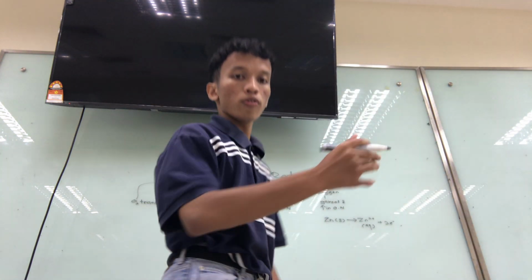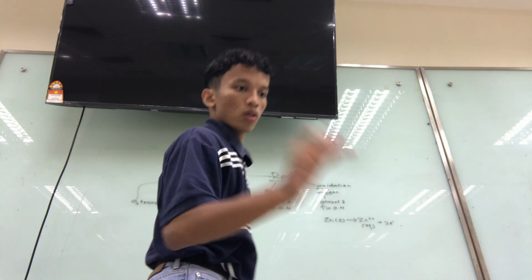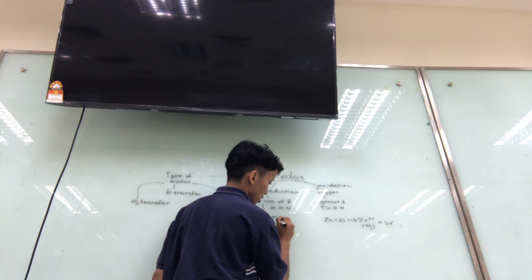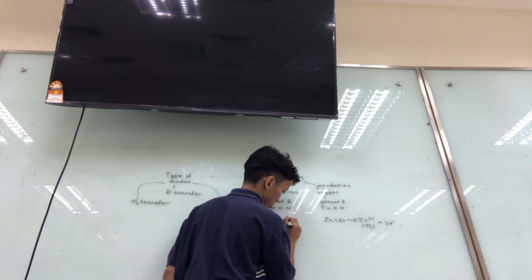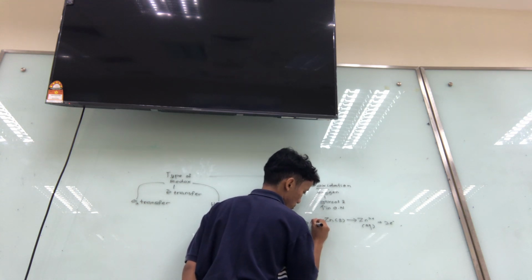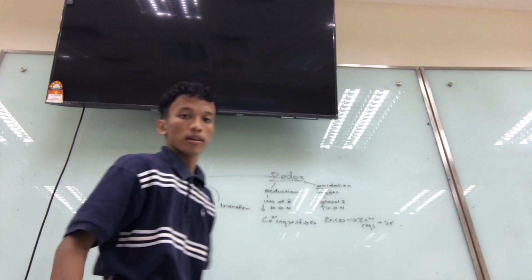Next, we move to reduction reaction. It will be simple. Cuprum in aqueous form plus 2 electron becomes cuprum solid.